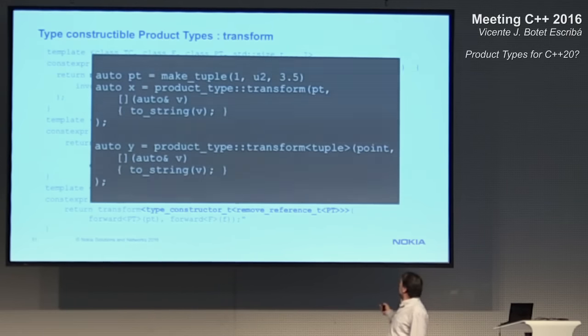However, if I have a point, and maybe point is a struct, then I cannot transform this point into another point of strings. So I need to give here what is the product type I want to build. Then the result of this transformation will be a tuple with the string associated to each one of the elements of the point.